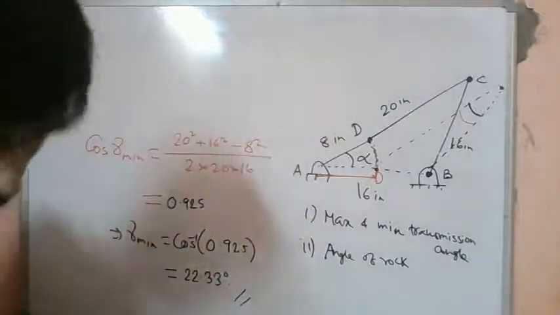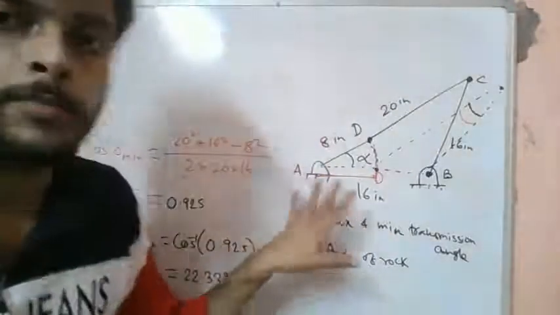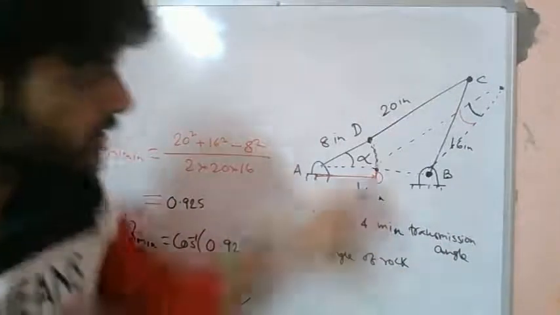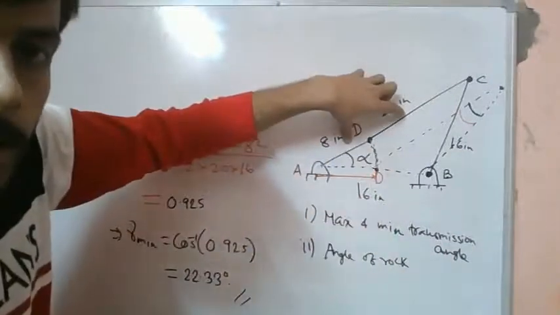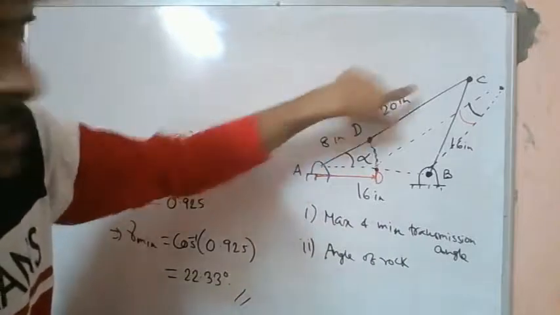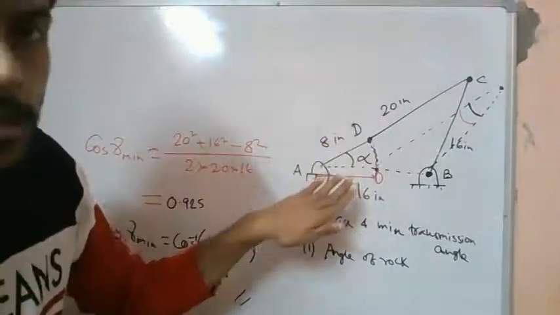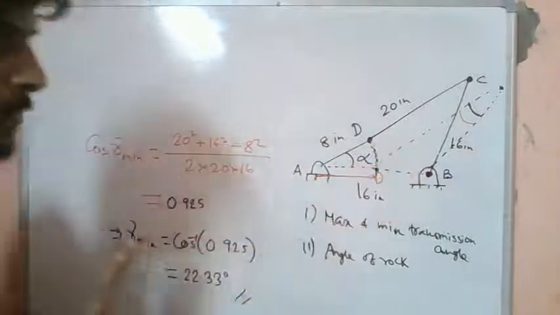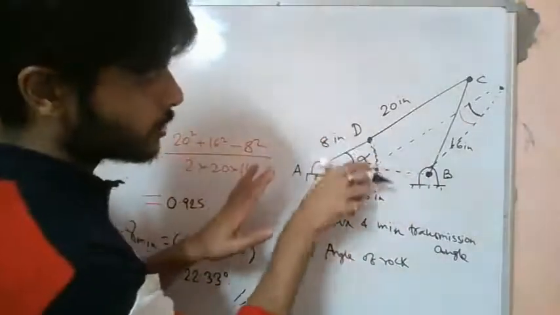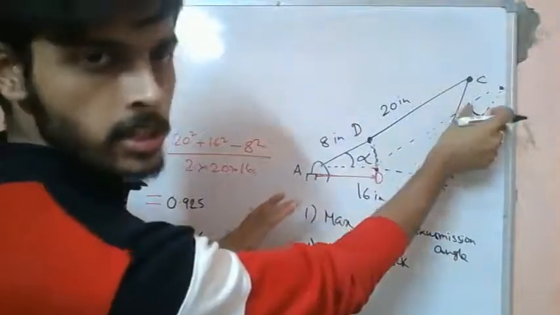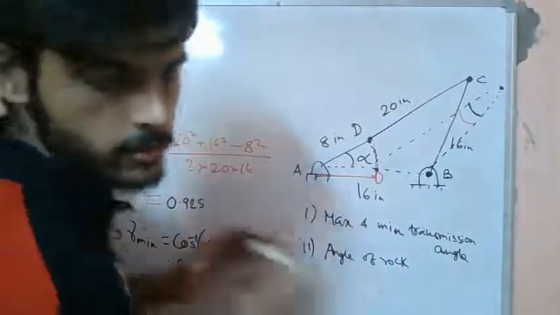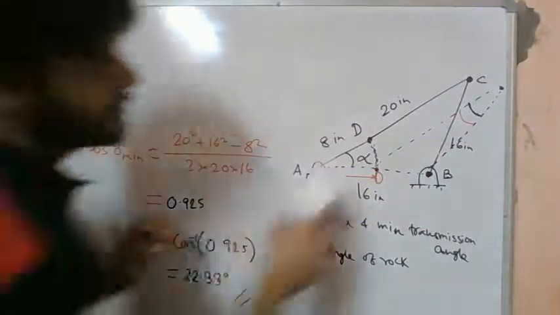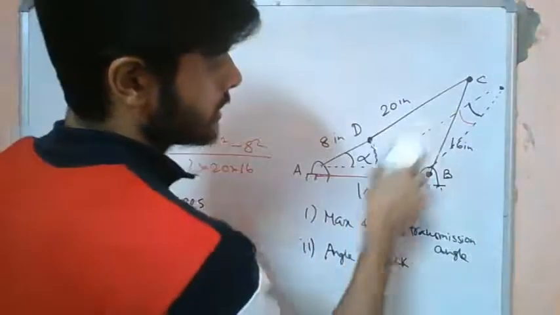Now you understand, if it had not been a Grashof chain, then this would have been an extreme condition. But since it is a Grashof chain, this can further rotate and come over here, and this angle will further decrease. Now let's try to draw the other extreme condition.